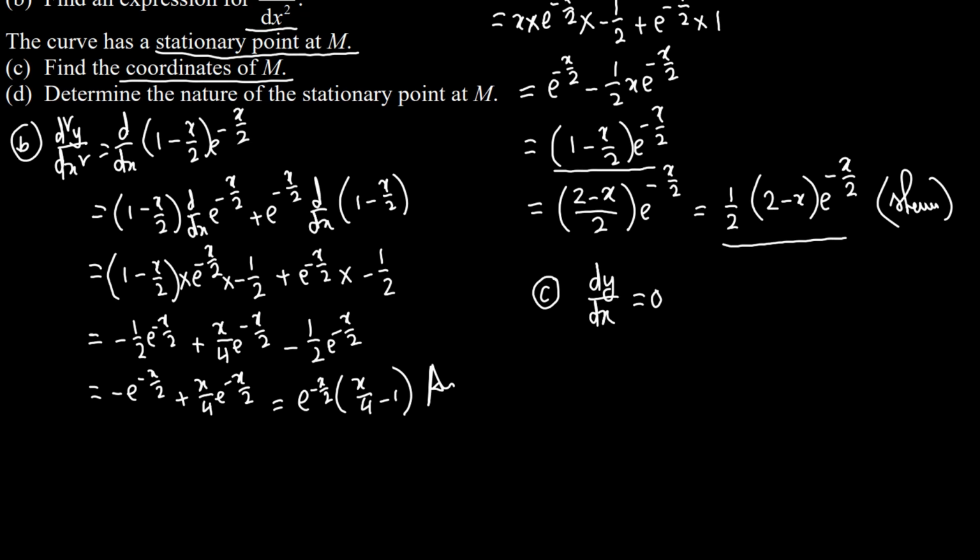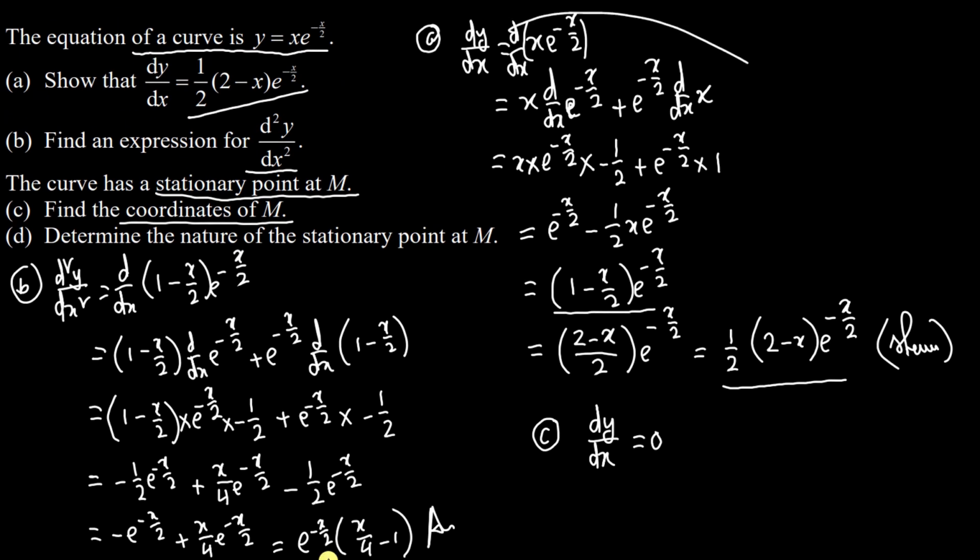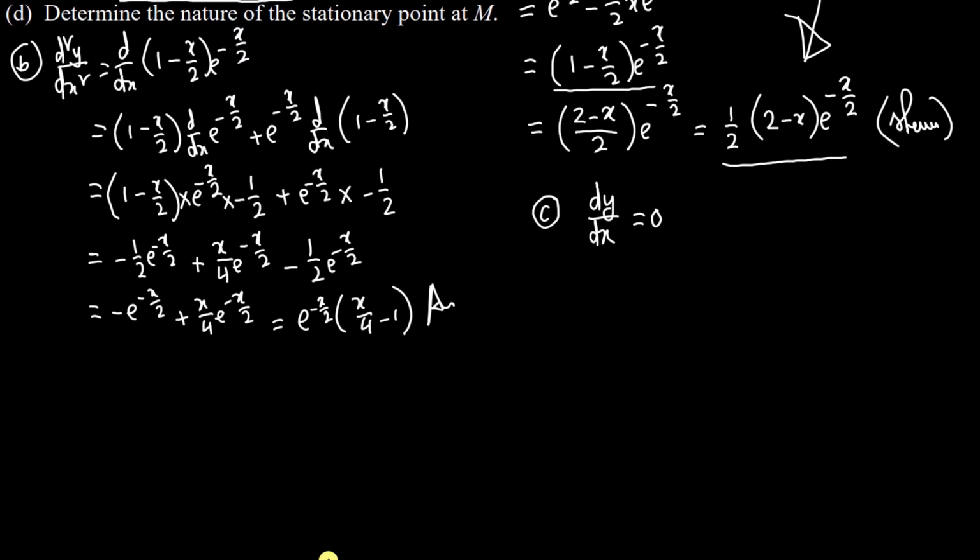We already have the dy by dx expression. Let me use that expression here. So we can write half into 2 minus x e to the power minus x by 2 equals 0. The first part is a constant, so only the factor 2 minus x equals 0, and from there we get x equals 2.